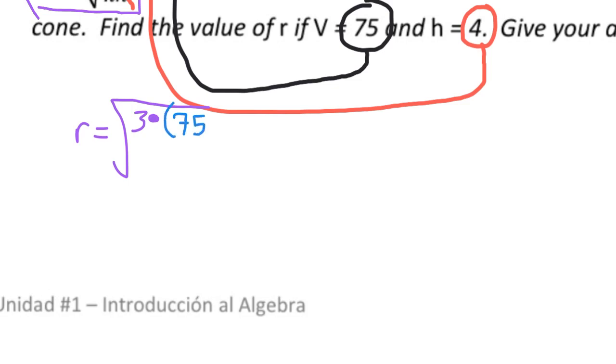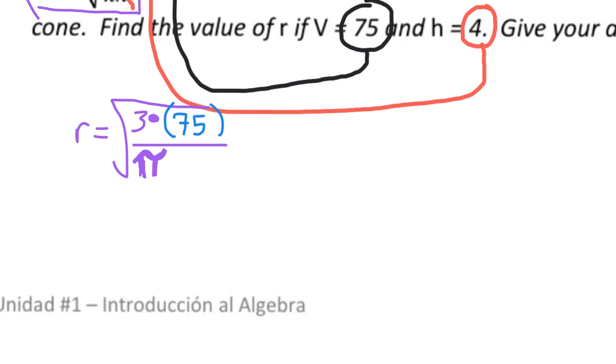And you could put parentheses if you want. Over pi times h. So pi is a number. It's 3.14, more or less. It's about 3. So we got pi times h.